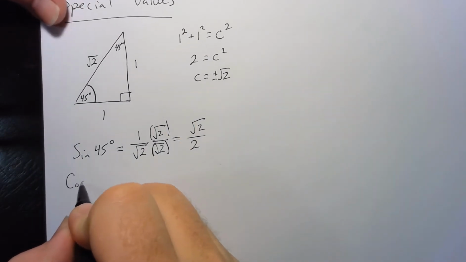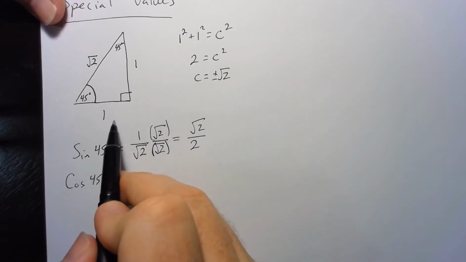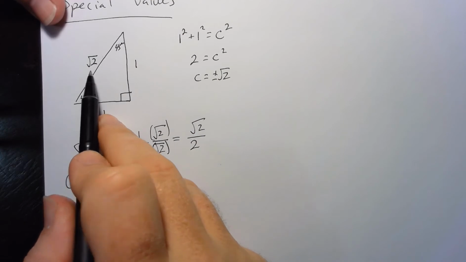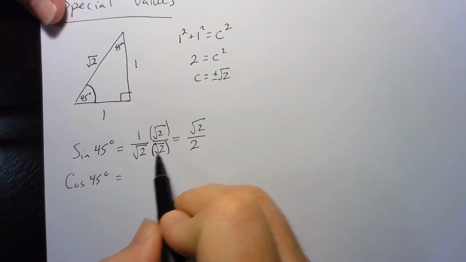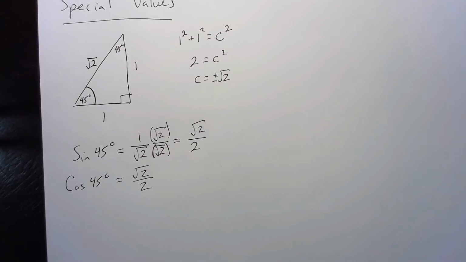Let's ask the question for the cosine of 45 degrees. In this case, I'm going to do the exact same thing, but I'm going to go down here for the adjacent over 1 radical 2. So I'm going to get the exact same thing, and it's going to convert to the exact same thing. That means that the sine of 45 degrees and the cosine of 45 degrees are actually the same value. At this point, we're going to create a table of values.